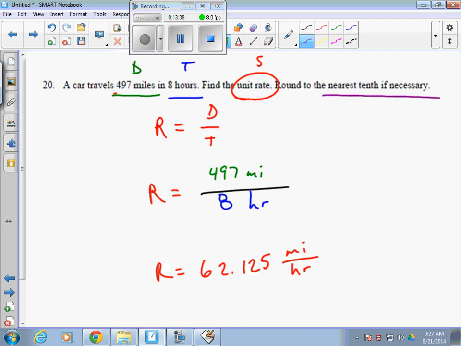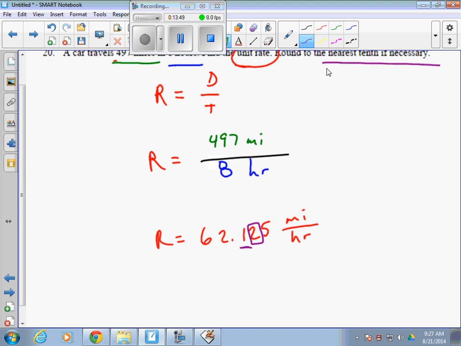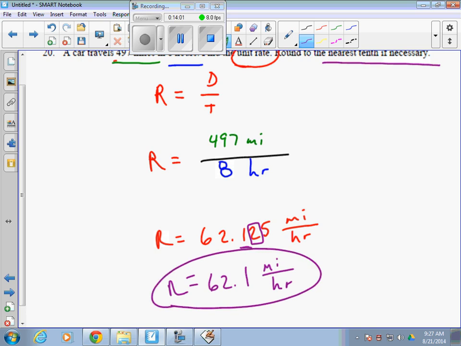So all we want to show is one space after the decimal. The number after the 1 tells you whether the 1 is going to stay the same or round up. Had that 2 been 5 or greater, that 1 would go up and say 62.2. But since it's not, 62.1 miles per hour. You're just dividing the distance by the time.